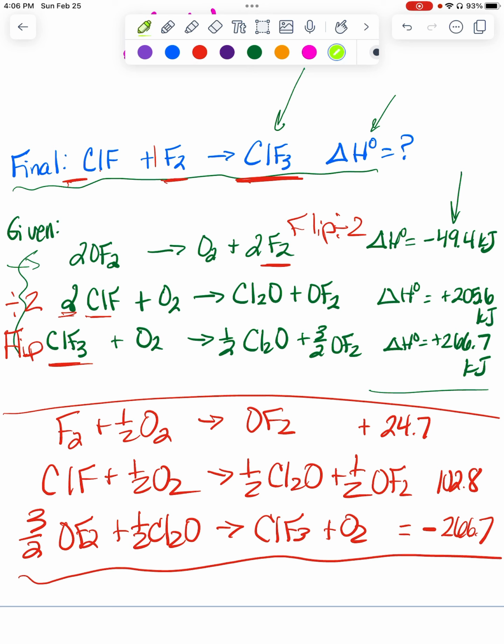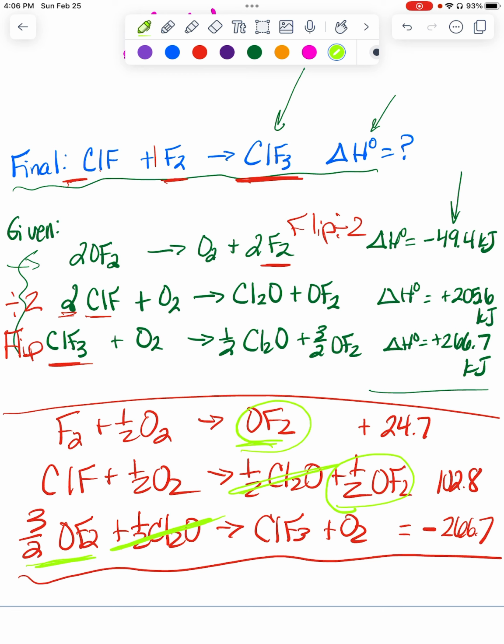So let's see what can cross off. Well, it's kind of ugly, isn't it? That for sure crosses off. The OF2s, this is 3 halves and this is 1. So isn't that going to give me a half? I feel like I'm messing up here, you guys. Oh, look at that. Wait, there's another half there.